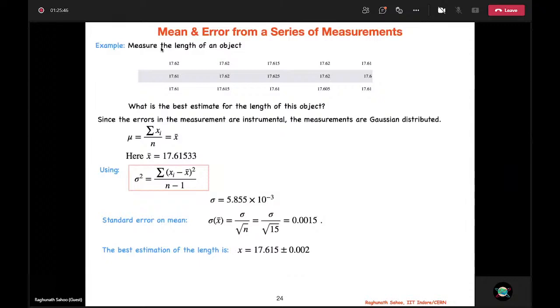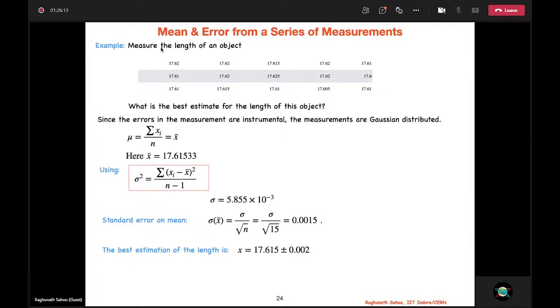Since I truncated up to 3 digits, x average is also truncated to 3 digits, and for the truncation, 0.33 is less than 0.5, so I don't have to do anything. That is the reason I wrote x is equal to 17.615 plus minus 0.002.